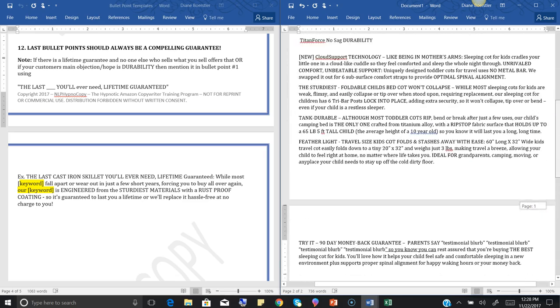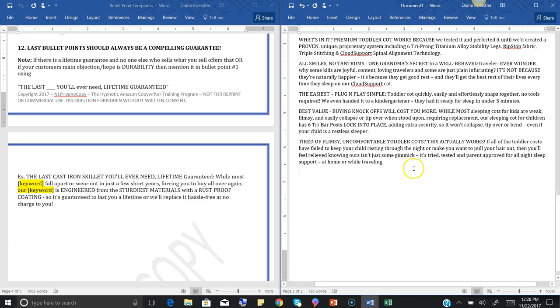Let's see here, and we could, so let's do it. The last toddler bed, again, grab your own keyword that you need to put in there. The last portable toddler bed you'll ever need, right? Lifetime guarantee. Like we talked about, this is kind of the same as above, right? Let's go with a little bit of different bullet point here.